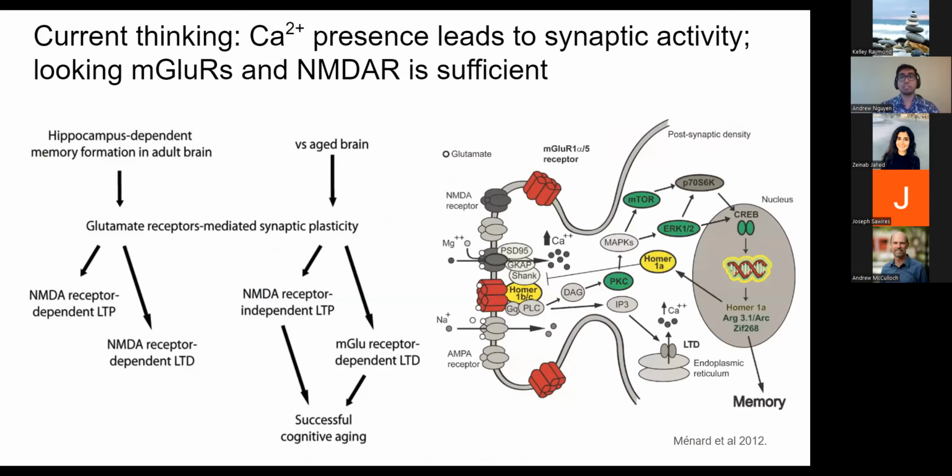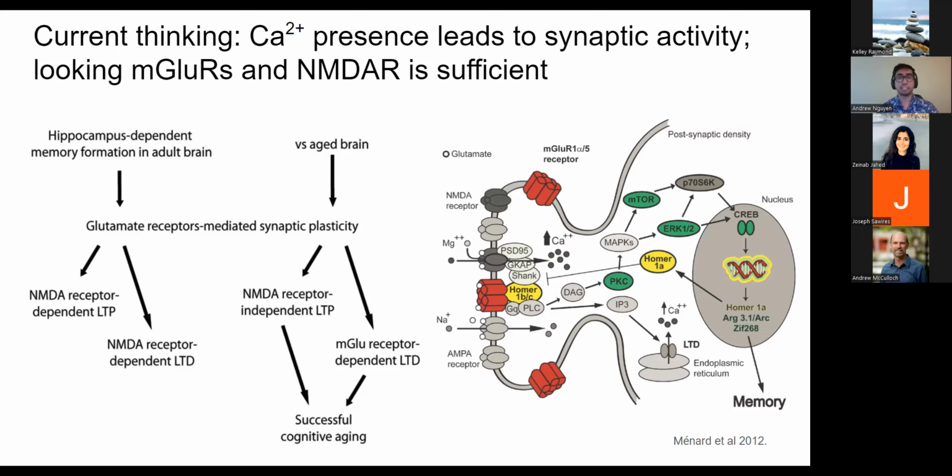From my literature search, we've determined, in many works including those in our own lab, that calcium ion presence leads to synaptic plasticity, and looking at the pathways that involve glutamate and NMDAR receptors is sufficient, because you have increased calcium ion activity in the presence of these ligands and receptors.